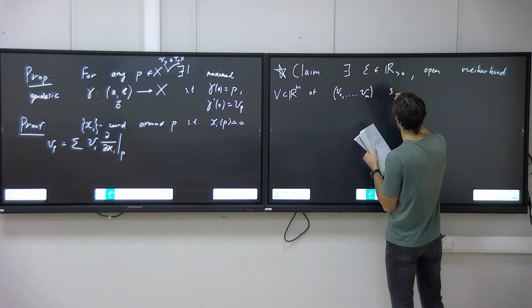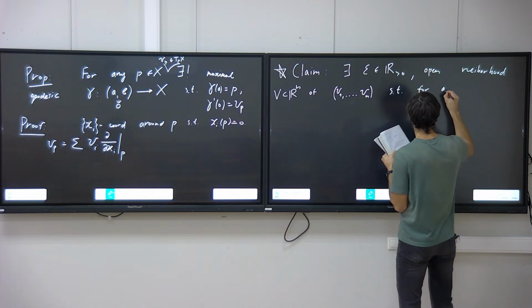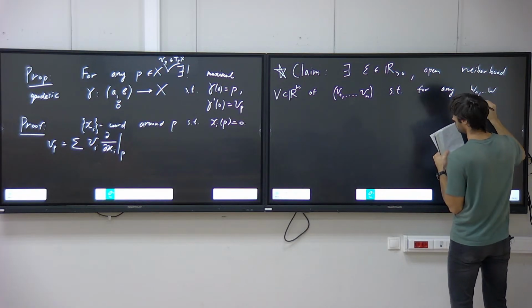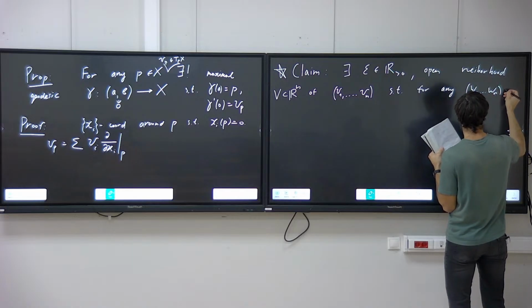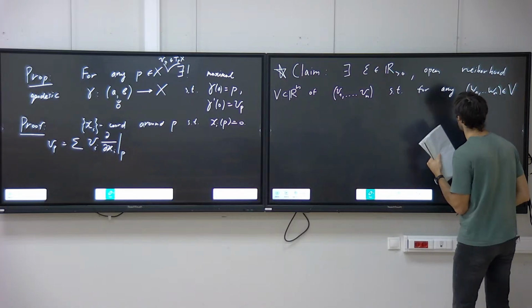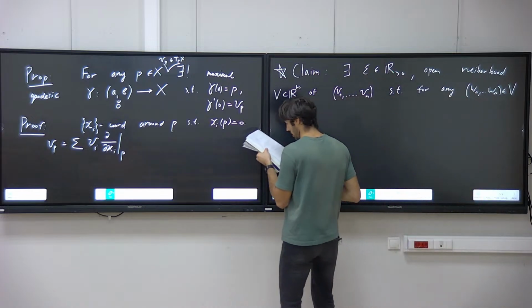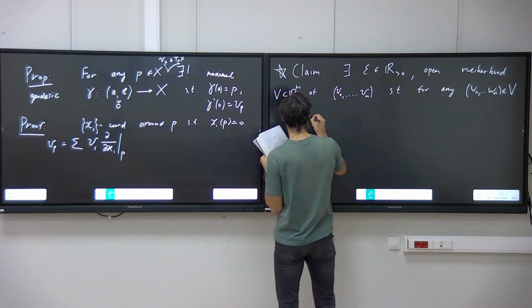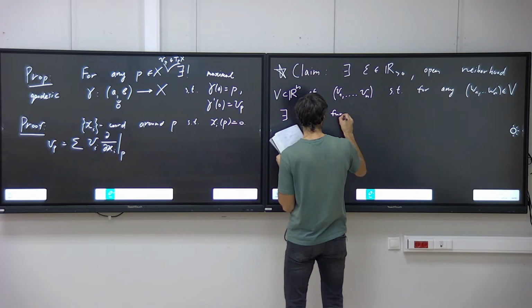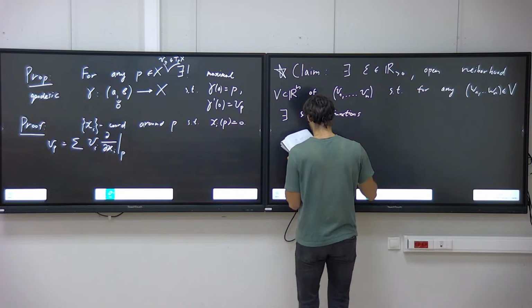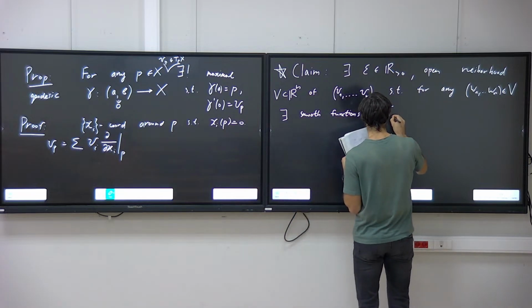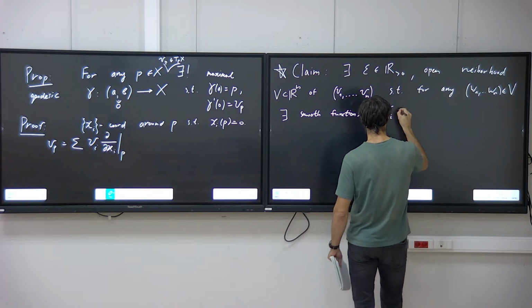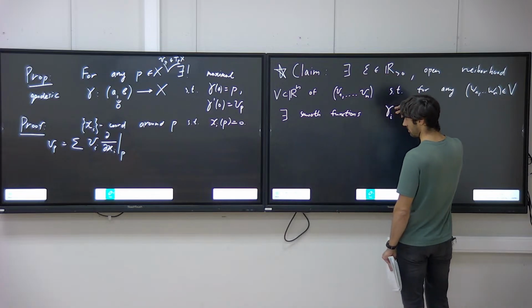Such that for any W^1, ..., W^n from V, there exist smooth functions gamma^i, and these are the components of my geodesic.